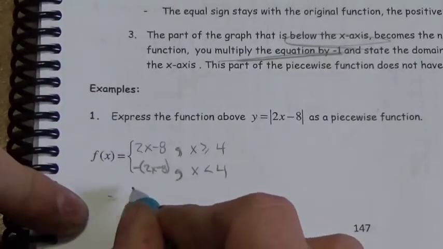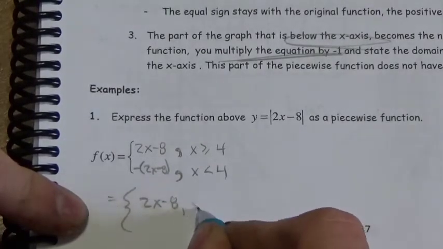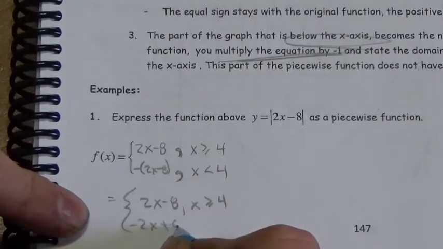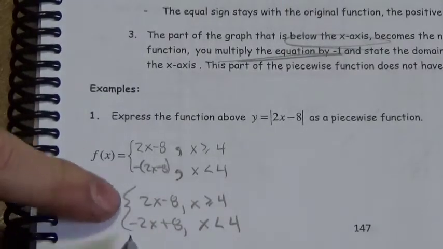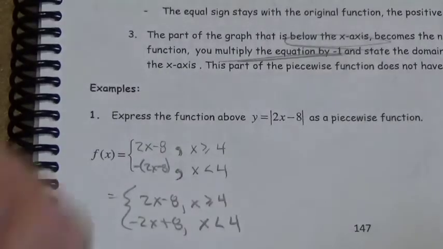And so now we might simplify this and write it as 2x minus 8 when x is greater than or equal to 4, or negative 2x plus 8 when x is less than 4. So two different functions, but two different intervals over which they apply. Okay, let's take a look at another example.